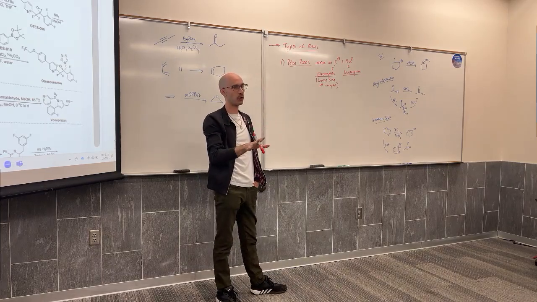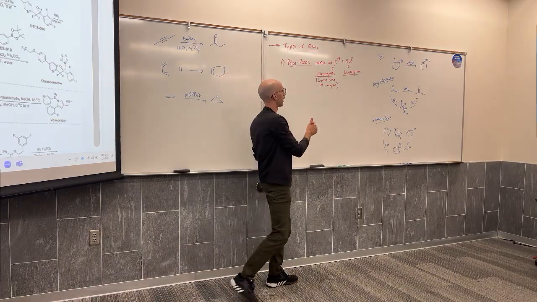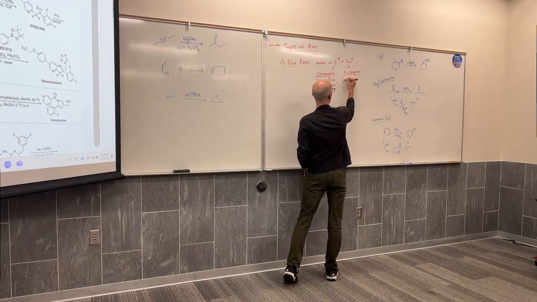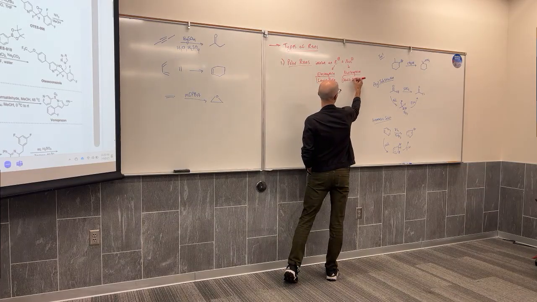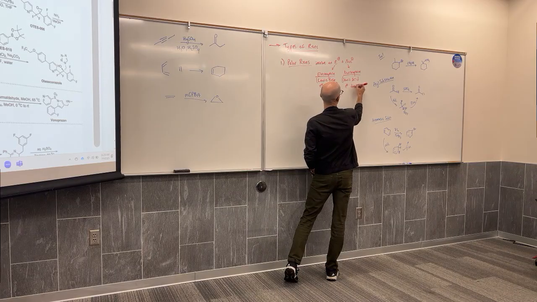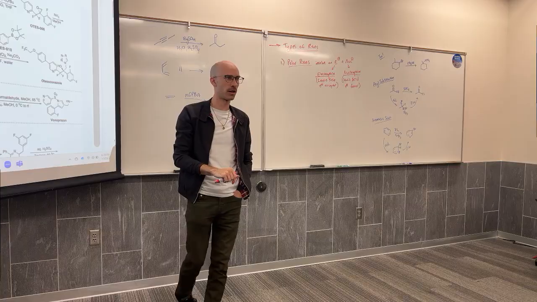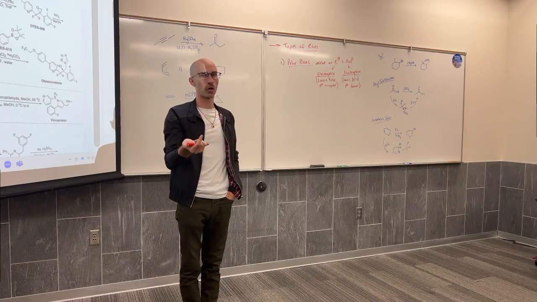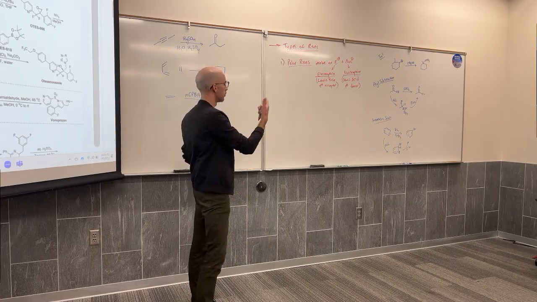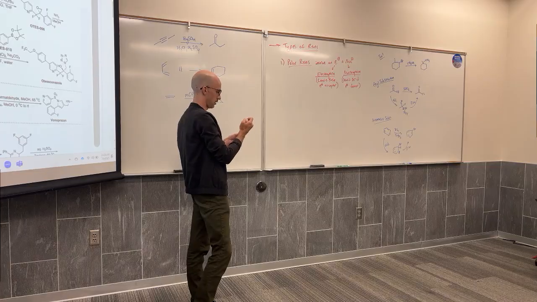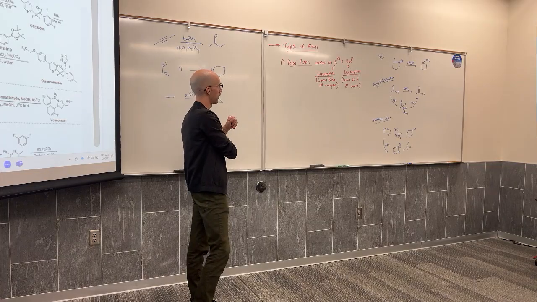Not that it has to be a full positive charge. Nucleophile. In other words, Lewis what? Lewis acid. Electron what? Donor. Something that uses its pair of electrons, be it a bond or a lone pair, to form a bond with the electrophile.